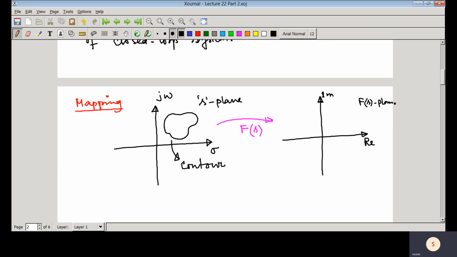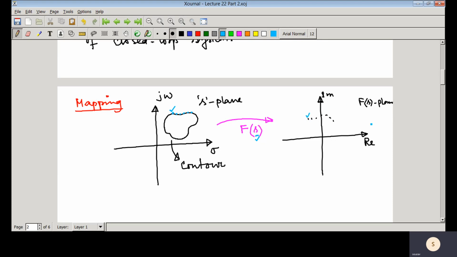Mapping this contour means we take all the points here and substitute them for s. We will get one value in this other plane. So if we take a point on the contour, put it in the function, we get a value here.